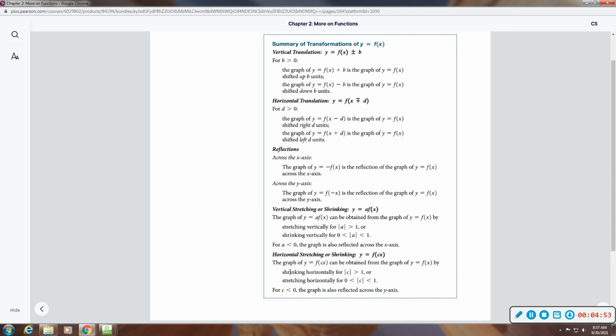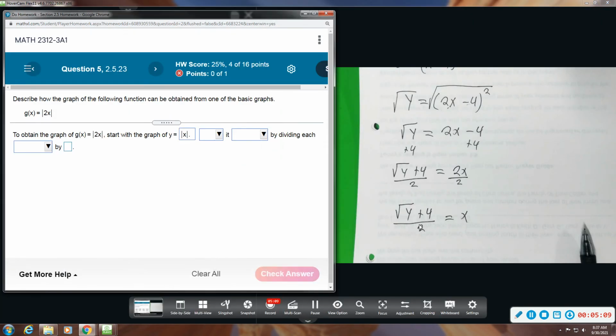It says shrinking for the absolute value of c being greater than 1. So if that number is bigger than 1, it's going to shrink it. And if that number is between 0 and 1, like a half or fourth, it's going to stretch it. Again, that can be identified by the dividing by 2. It's kind of like halving whatever we did.